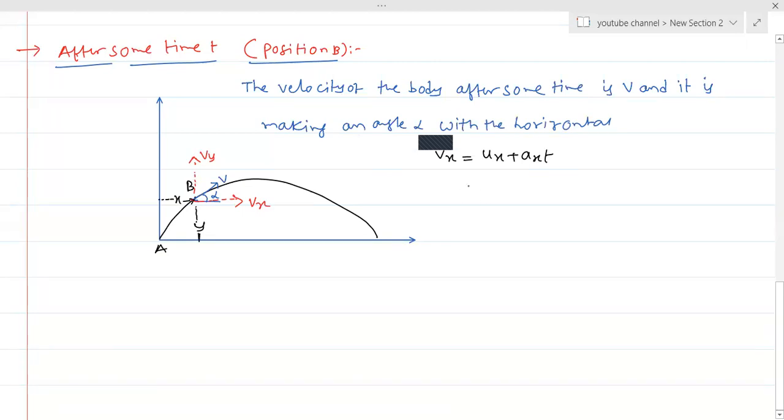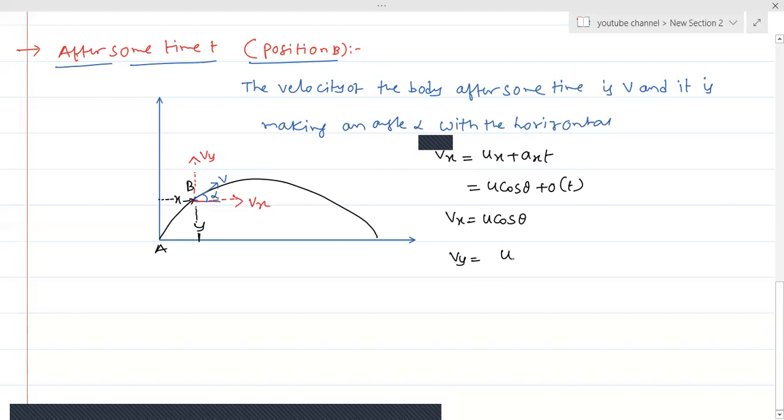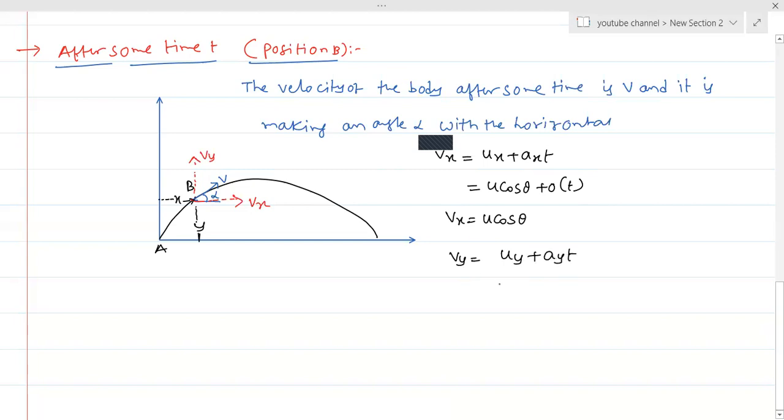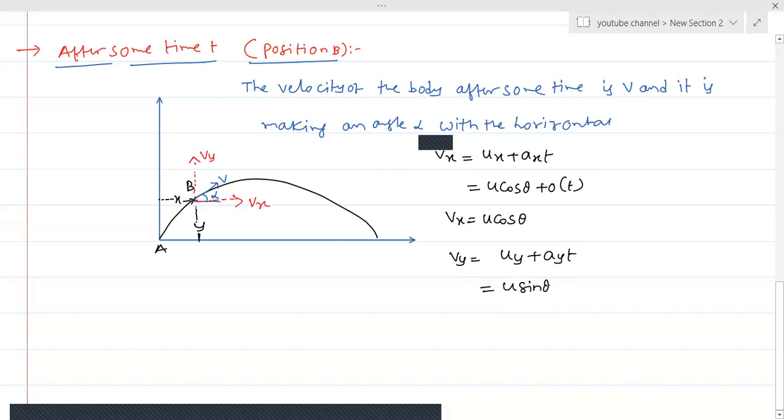Already we know that ux is u cos theta and ax is equivalent to 0. So therefore vx is equivalent to u cos theta. Similarly, vy is equivalent to uy plus ay into t. uy is nothing but u sin theta, and ay is nothing but minus g, into t.